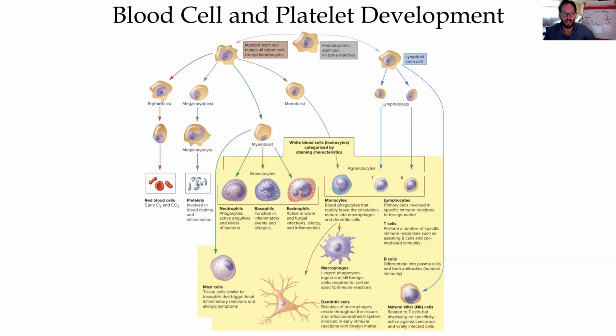So maybe this stuff will be crossed out and you'll have to know what they are. Or maybe I'll just say, what type of cells are derived from lymphoid stem cells, and what line of defense do they serve? And you could say, a lymphoid stem cell is going to differentiate into T and B cells, and those are the third line, as well as natural killer cells, and that is the second line. Follow me?